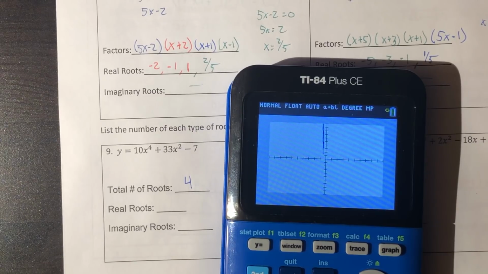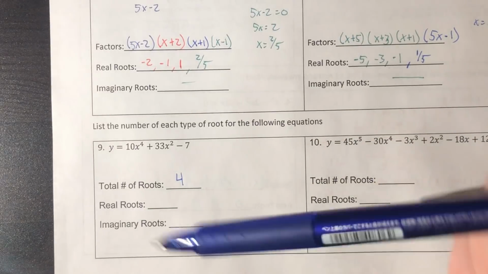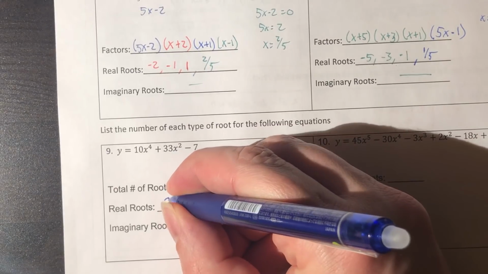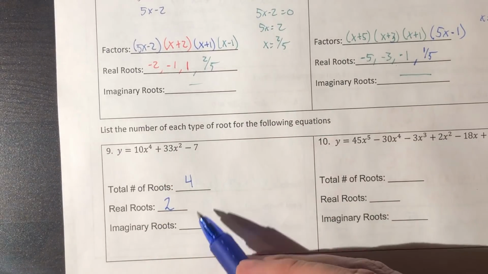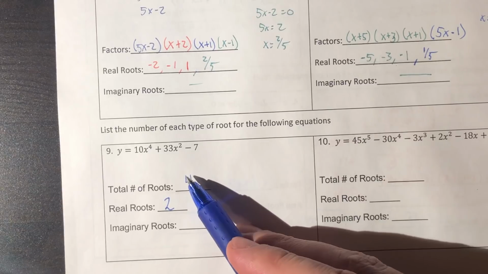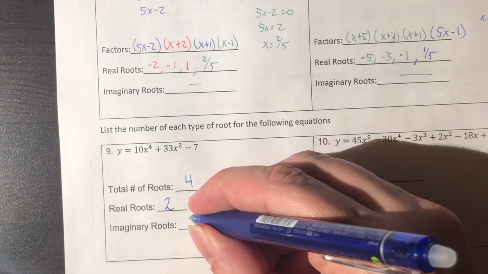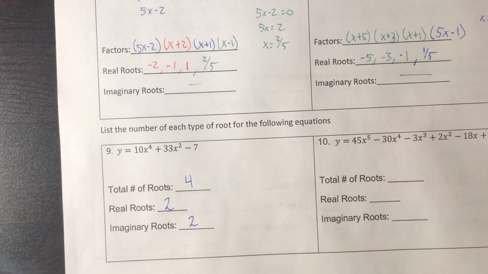Graph it. And that's what it gives me. It only crosses 2 times. So I have 2 real roots. The number of imaginary roots is the total minus the real. So that's going to be 2 imaginary roots.